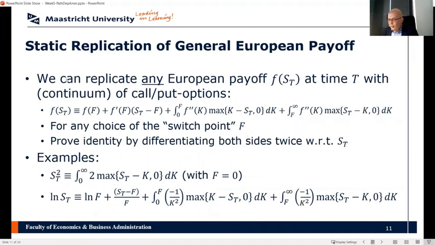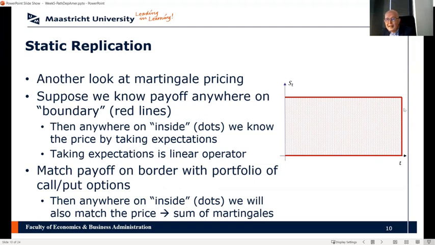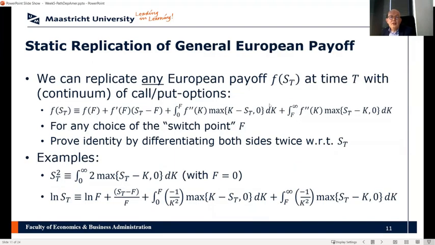Let's take a look at a very powerful example. If I push those upper and lower bounds away to plus infinity and minus infinity, and I have a payoff, this final red line here, it turns out that any function that I can have, as long as it is, I think, a twice differentiable function, I can basically replicate any payoff f of S capital T with a continuum of call and put options.